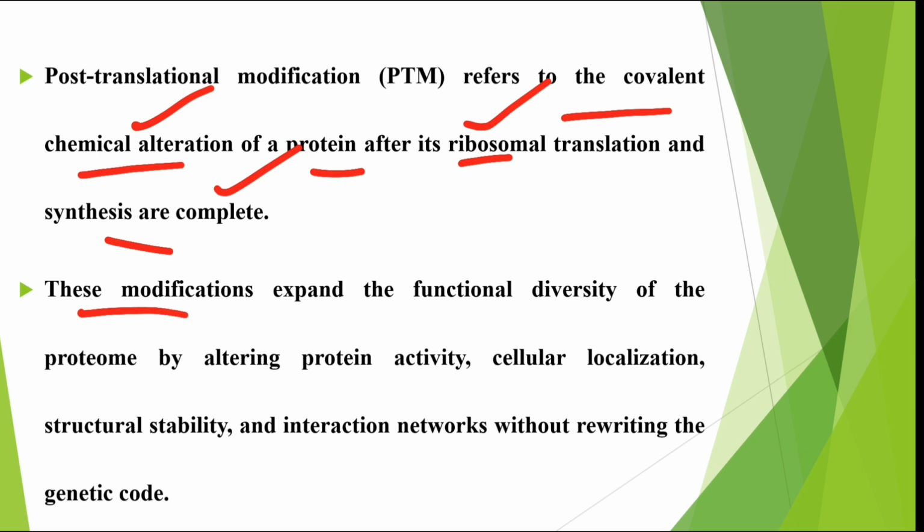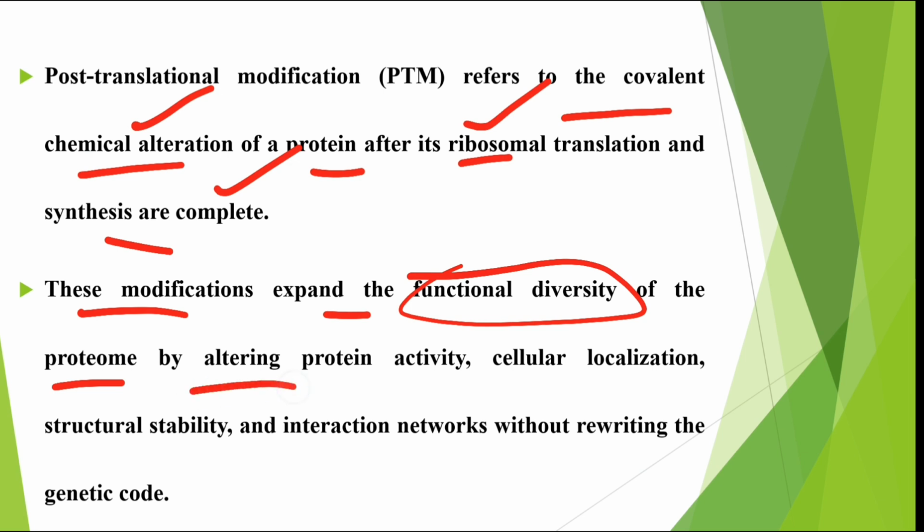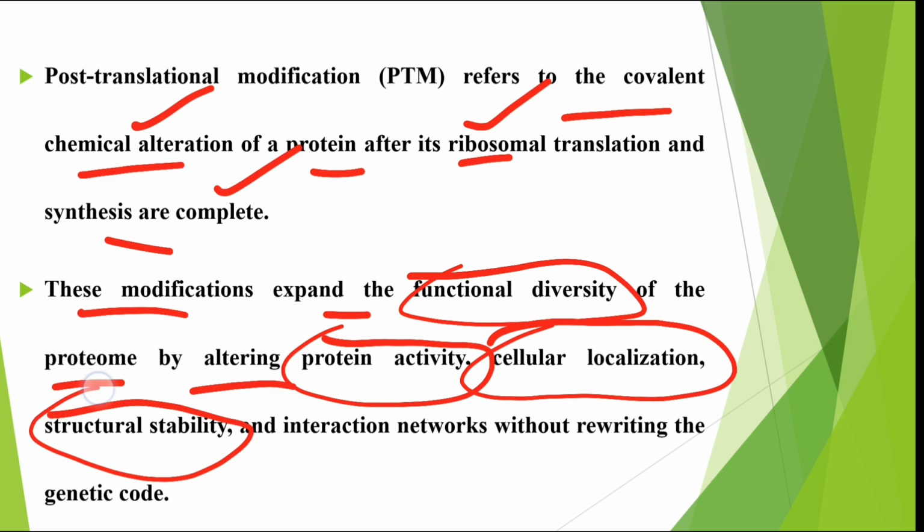These modifications expand the functional diversity of the proteome, or all the proteins, by altering protein activity, cellular localization, structural stability, and interaction networks without rewriting the genetic code. So it simply modifies proteins, and after the modification the protein can do a different, special activity.